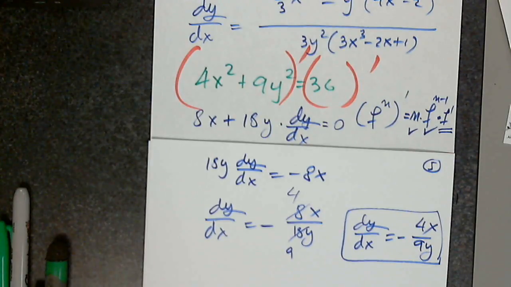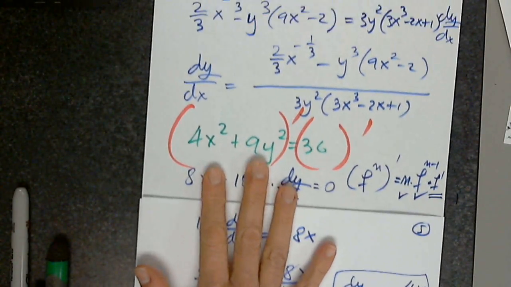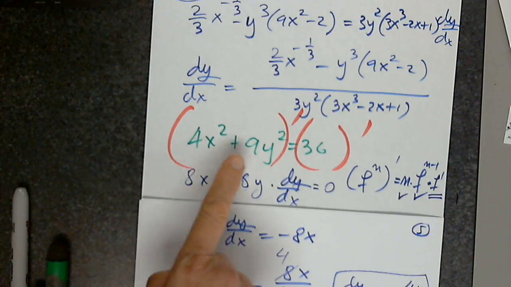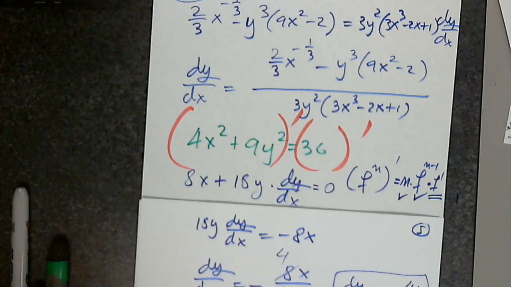So what was the problem a minute ago? What wasn't clear? I'd like to go back and address that. What was the question or the unclear situation? Why we have to multiply by dy over dx. I'm asked to find dy over dx, which means two things. Y is a function of x. I cannot differentiate y the way I differentiate x.